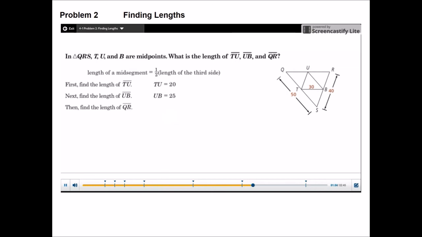Then find the length of side QR. Use the triangle midsegment theorem. Side QR is parallel to midsegment TB, so the length of side QR is twice the length of segment TB. Substitute 30 for segment TB. Multiply each side of the equation by 2.